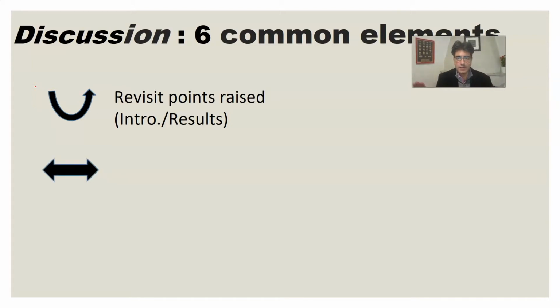Another important dynamic that happens is discussing what your results mean and how they converse with other studies. And this is different from the introduction. In the introduction, you use a published body of literature to help you justify your study or your research.